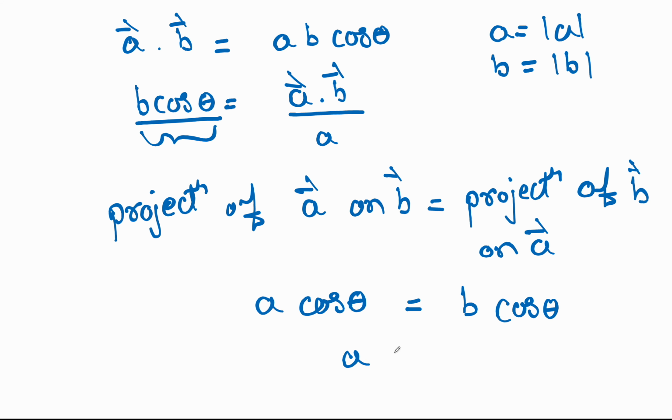So we can say that A equals B, that is, the magnitudes of A and B are equal, they are of the same length.